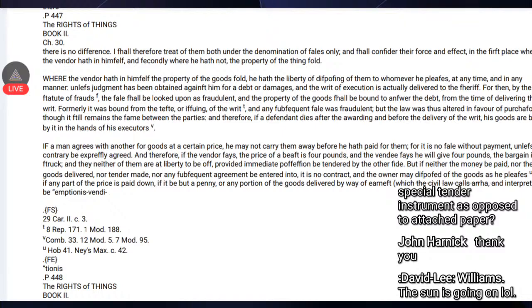Formerly, it was bound from the test or issuing of the writ, and any subsequent sale was fraudulent. But the law was thus altered in favor of the purchasers, though it still remains the same between the parties. And therefore, if a defendant dies after the awarding before the delivery of the writ, his goods are bound by it in the hands of his executors.